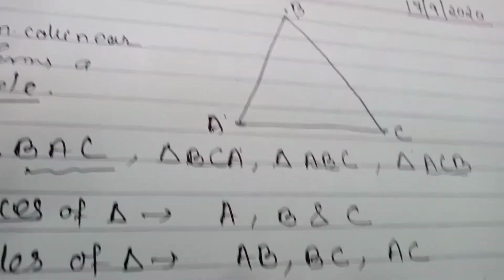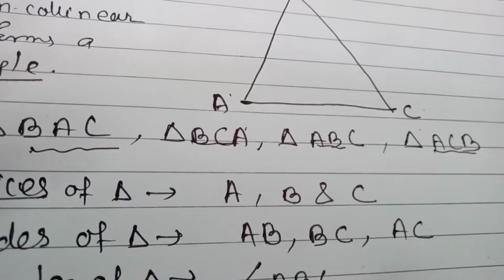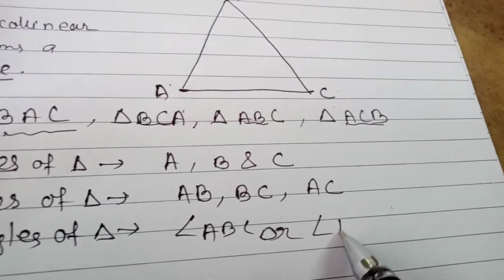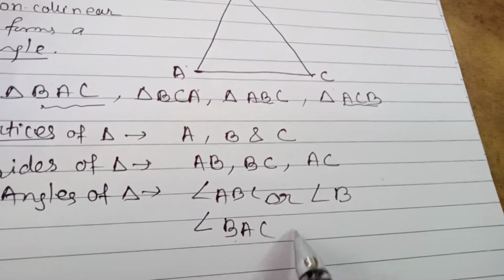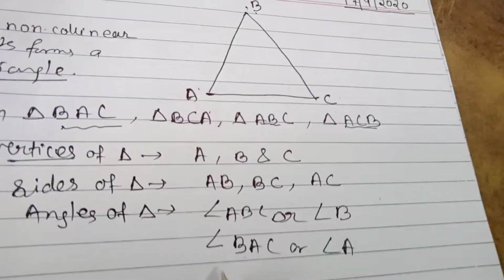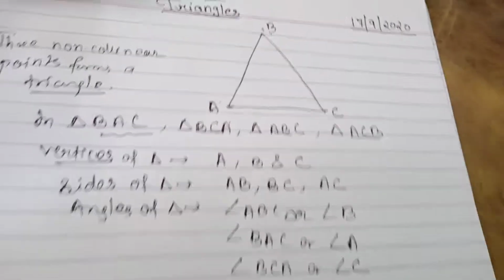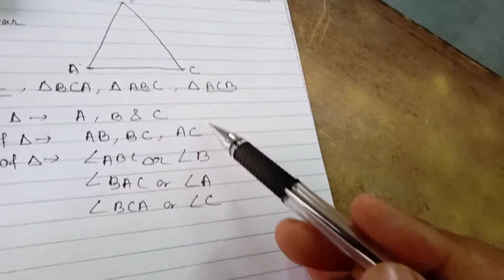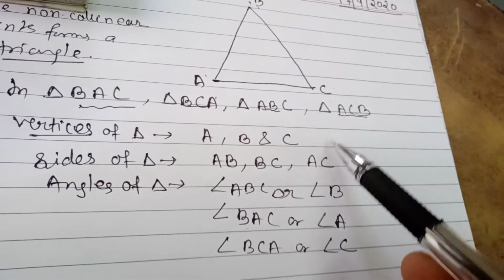Angles of the triangle, that we all know, either angle ABC or it can be written as angle B. Then angle BAC, or angle A, and angle BCA, or angle C. Clear? So this is the way of writing angles, sides, vertices.